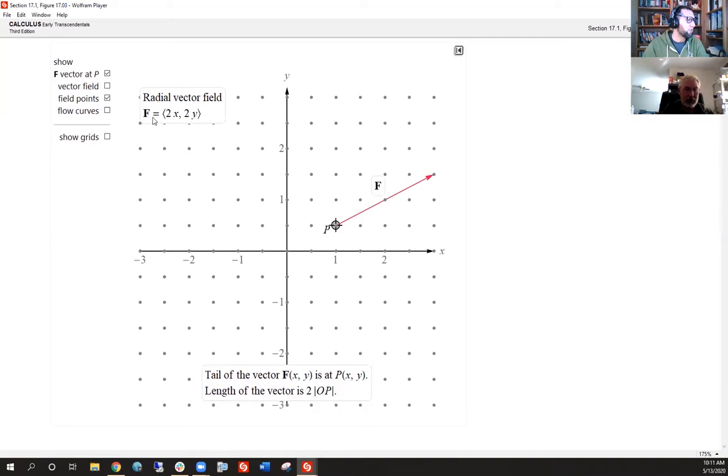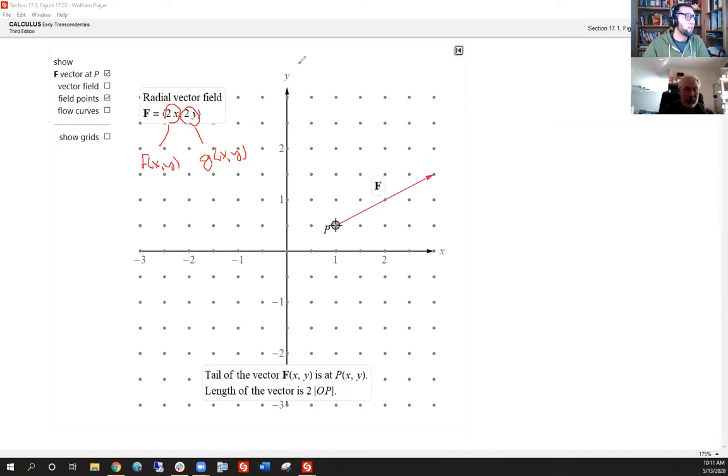And so the vector field, your big F, is equal to the angle bracket 2x comma 2y. So in this particular case, the 2x would represent f of xy, and the 2y would represent g of xy.